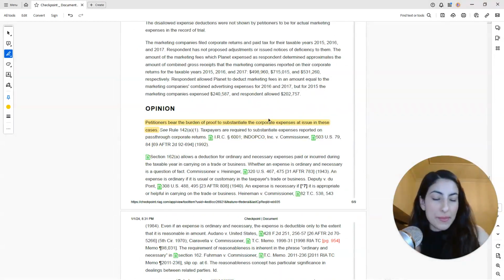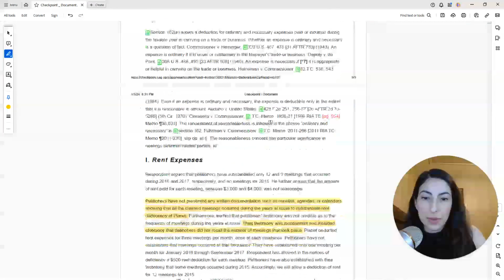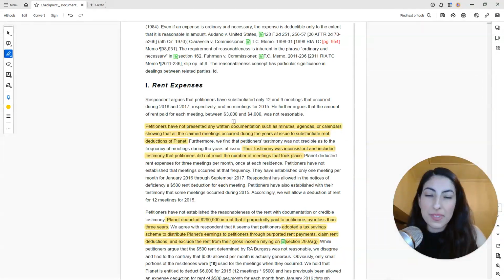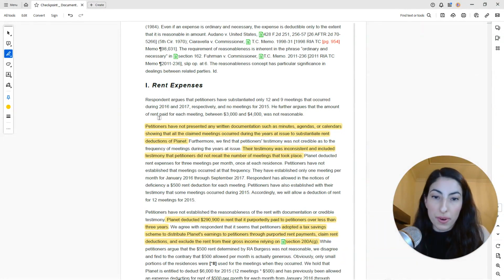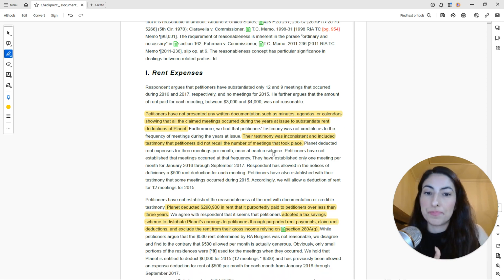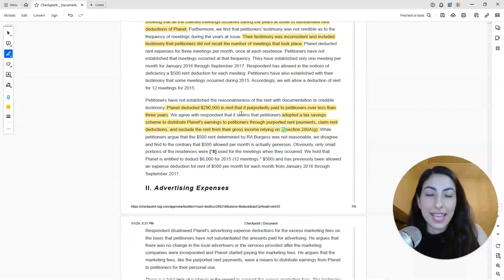So let's go down. Let's see what I want to point out here. Okay, so a lot of this came down to support. They're saying they didn't present written documentation like minutes, agendas, calendars, all of that to substantiate. Testimony was inconsistent. And here we go.